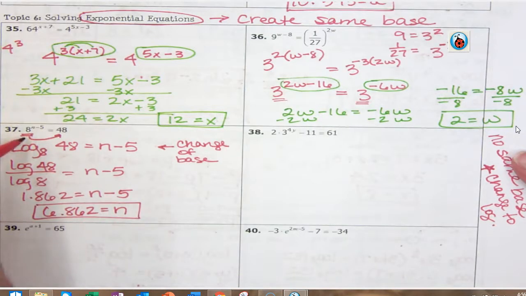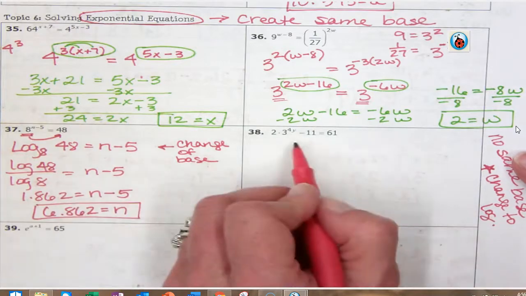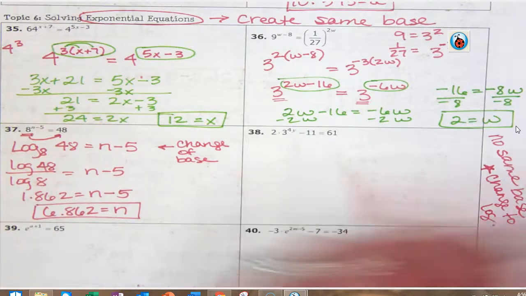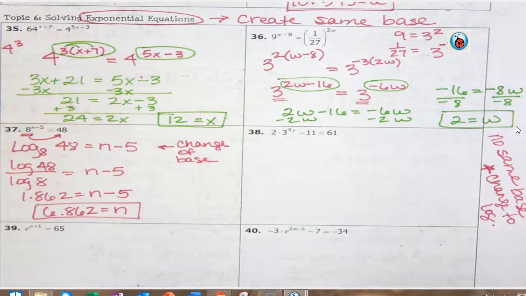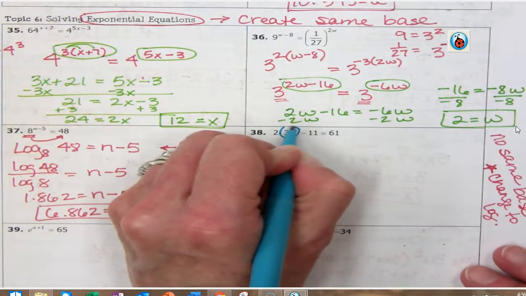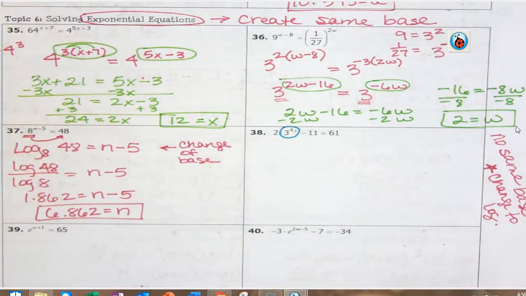You have to be able to identify the difference between when you can create the same base and when you cannot. And what do I do with this mess? Before I do anything, do you remember how I told you to circle your number with your exponent? Now we need to get everything on the other side.